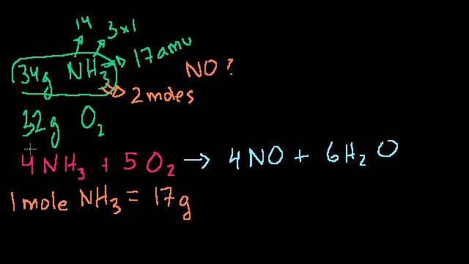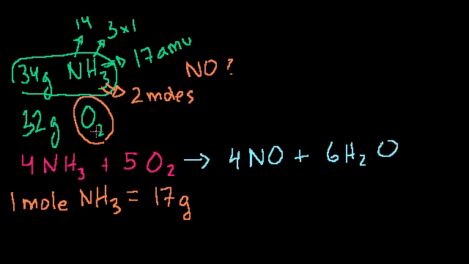Let's see how much of the molecular oxygen we've been given in this case. The mass of just oxygen by itself is 16, right? Just the atomic oxygen. You have to be a little bit careful here, because sometimes people say, "Oh, we have 32 grams of oxygen," where they're really talking about the molecular oxygen.